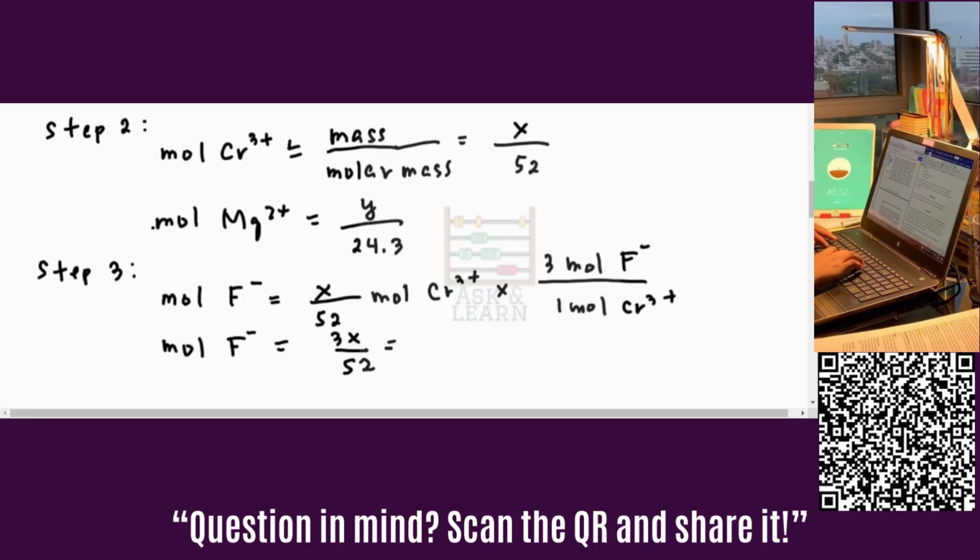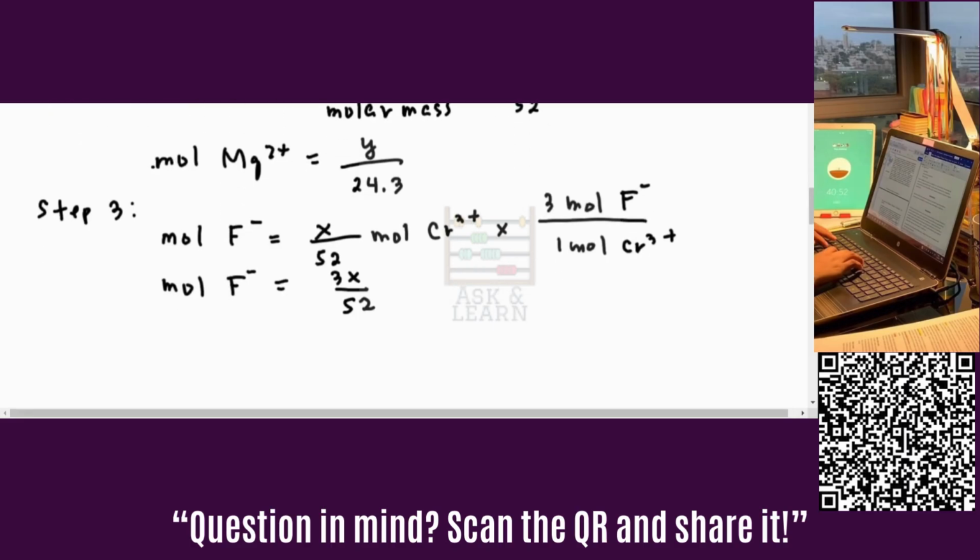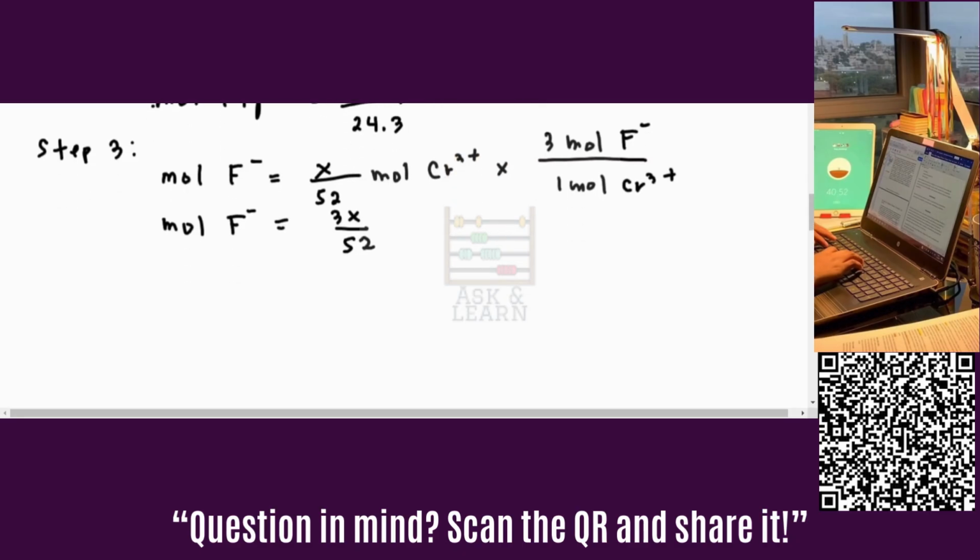Next, we also have the moles of F minus reacting with the given moles of magnesium ion. Oops, this should be 2.